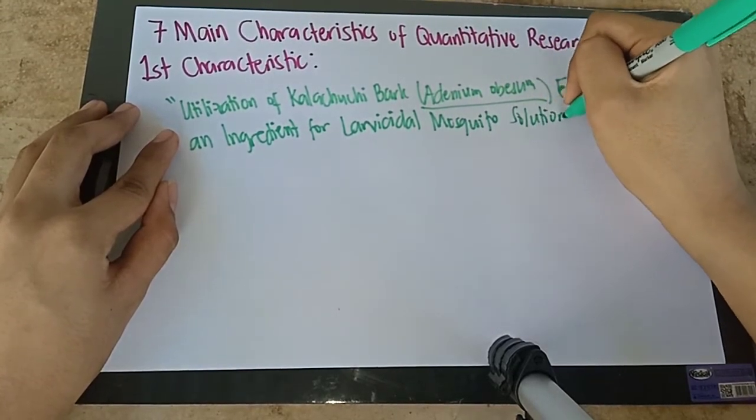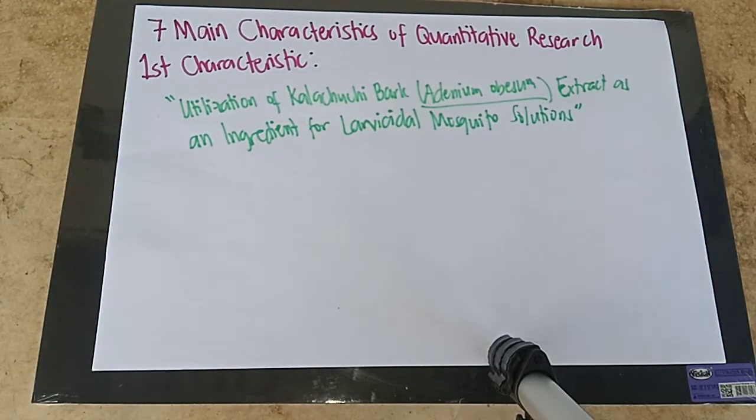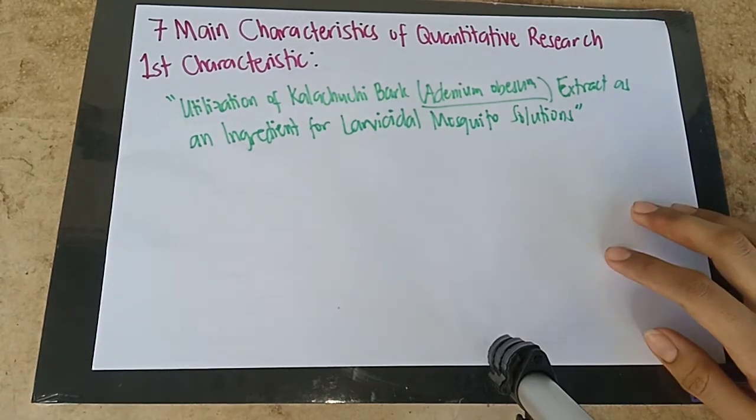Calachuchi, Adenium obesum, is the scientific name. Meaning to say, it aims to use Calachuchi bark extract to kill mosquitoes, so the larvae of mosquitoes.